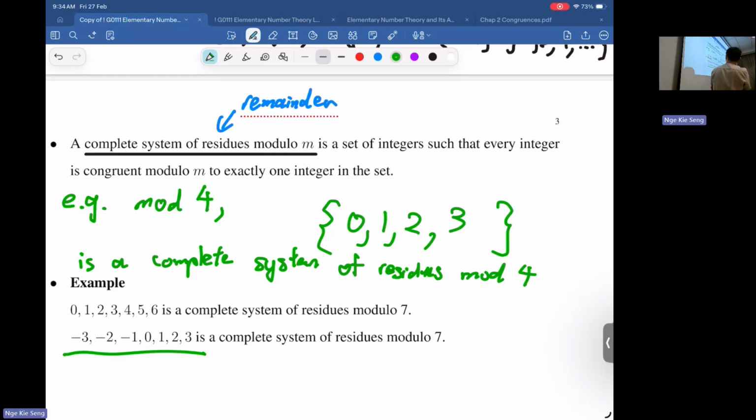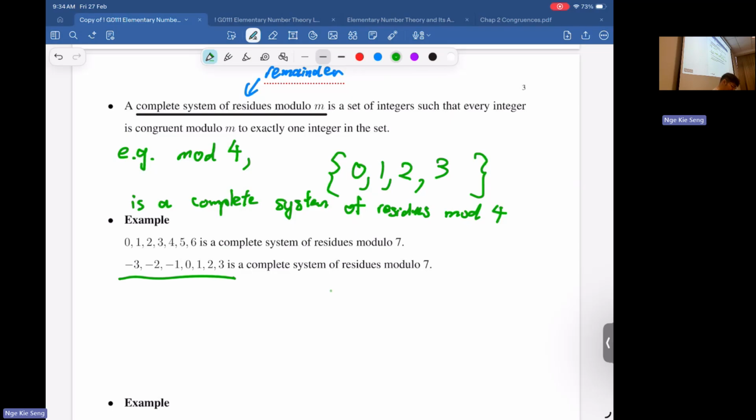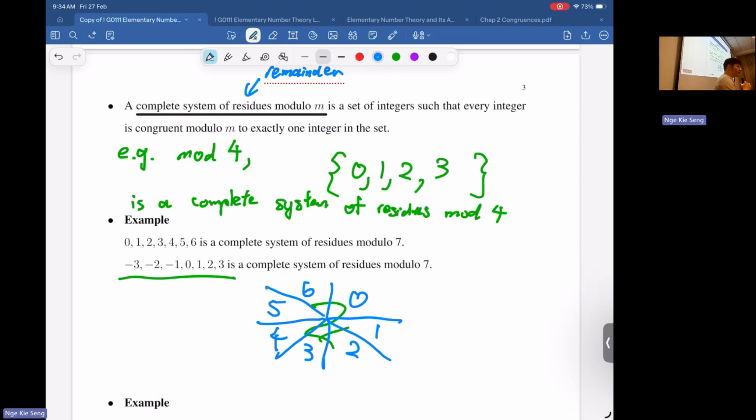So you can see that these are partitioning your integers. It is like 0, 1, 2, 3, 4, 5, 6, and every integer will belong to one of these parts of the cake, this infinite cake.